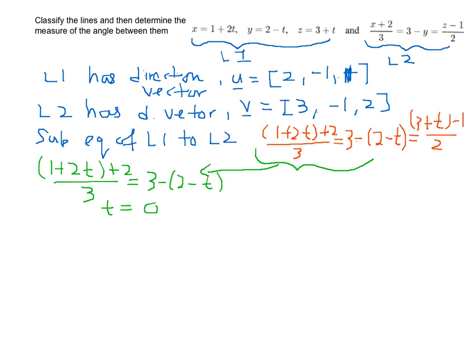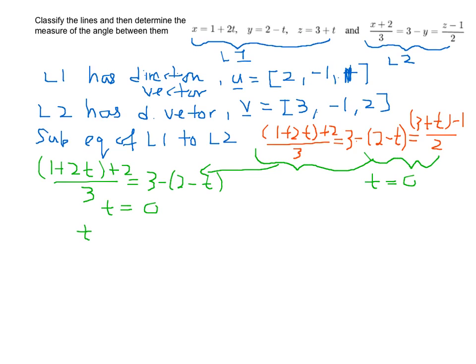Then I take another two to form one pair, and solving this I will also get t equals 0. It means the two lines intersect at the point when t equals 0.